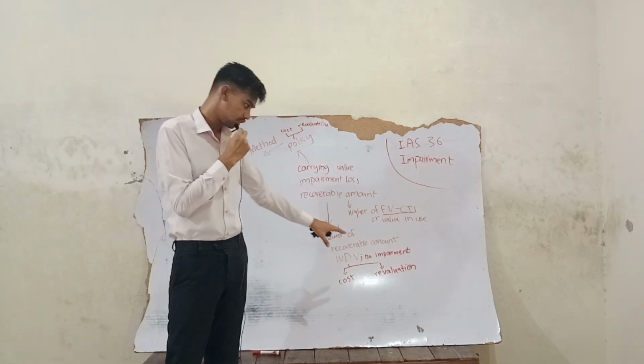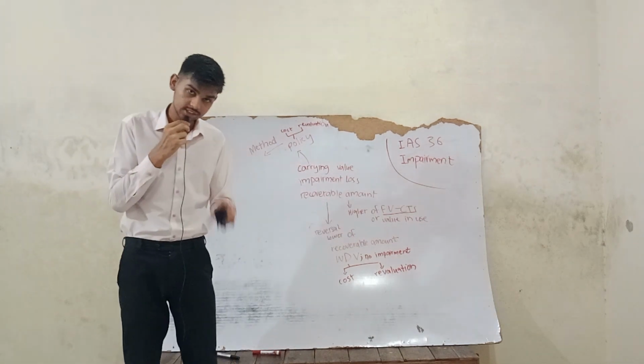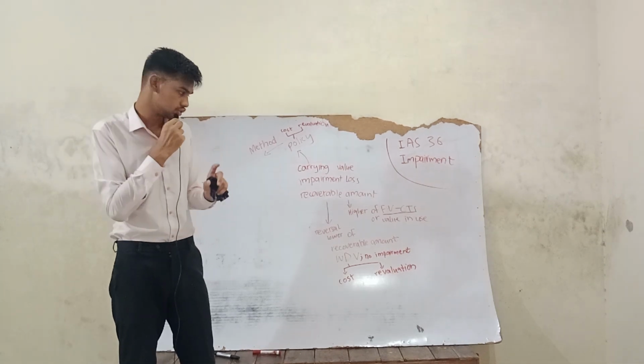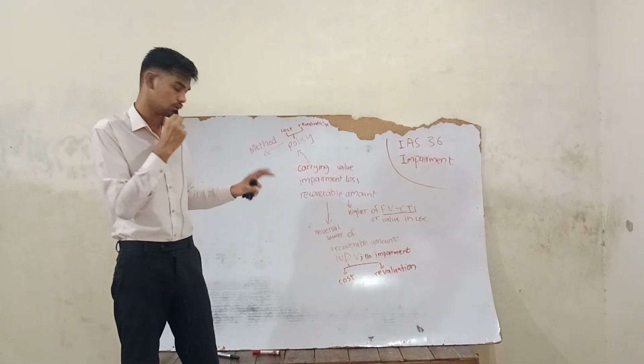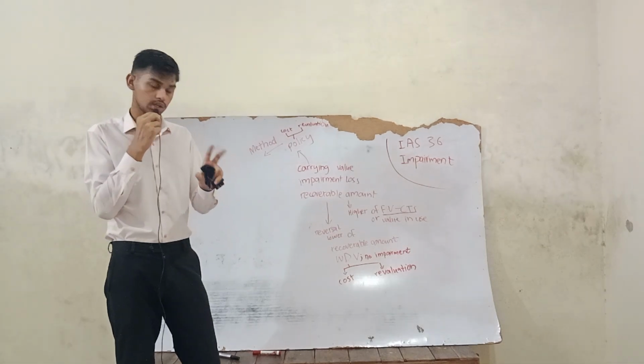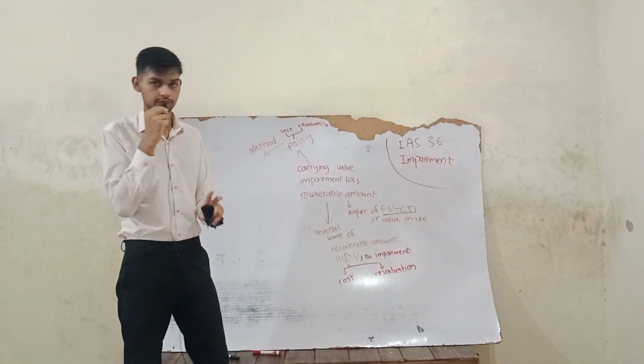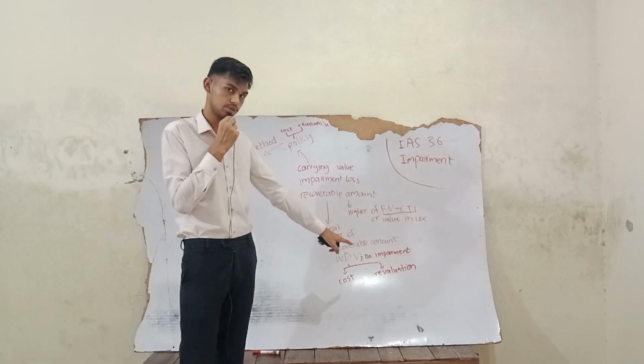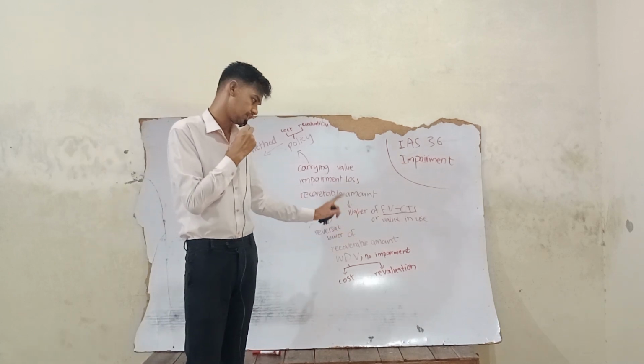And we will show this information in our financial statements, because in financial statements we show the exact and most recent information. That's why we use the latest revaluation surplus and revalued amount.